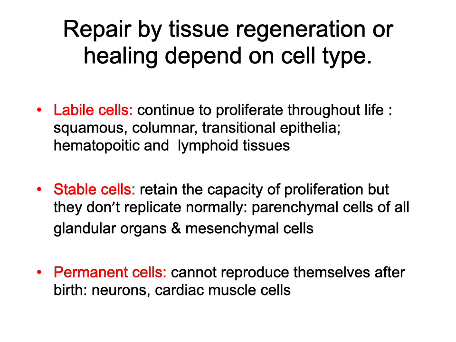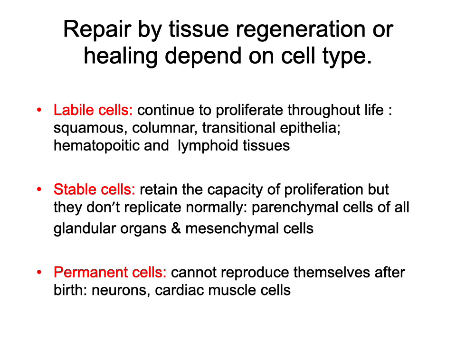These include the squamous epithelium of the skin, the columnar epithelium of the gastrointestinal tract, the transitional epithelium of the urinary bladder, and cells of the bone marrow. These are called labile cells. They will continue to divide and divide and divide, and these are the tissues that have the greater capacity to regenerate themselves.